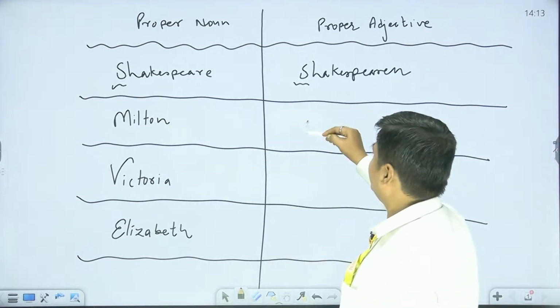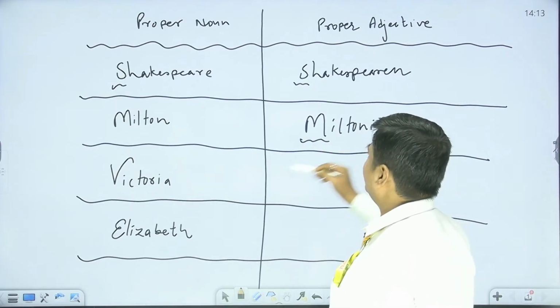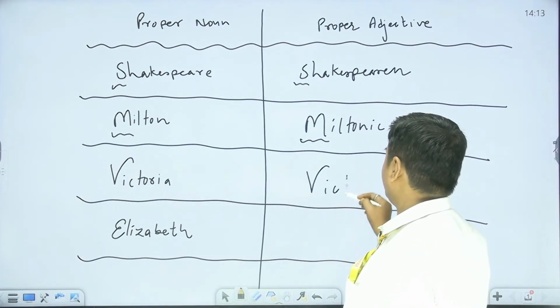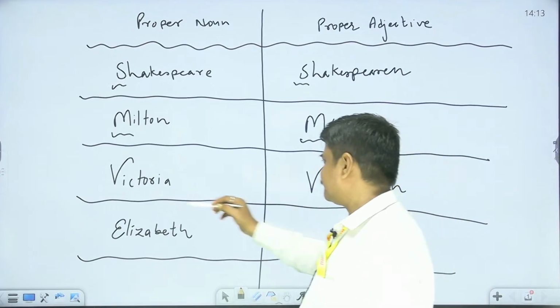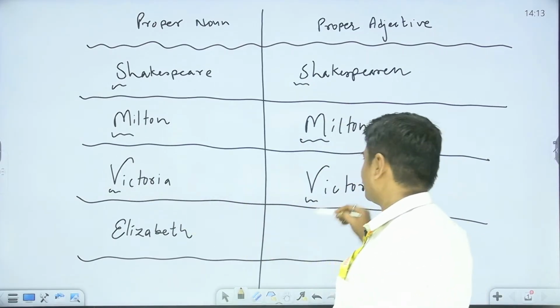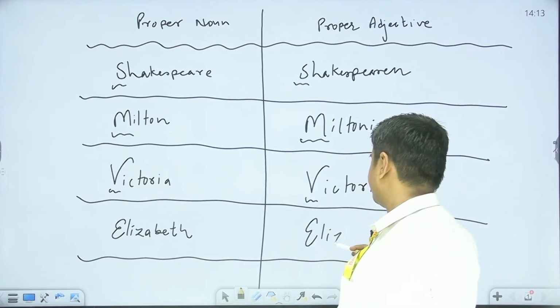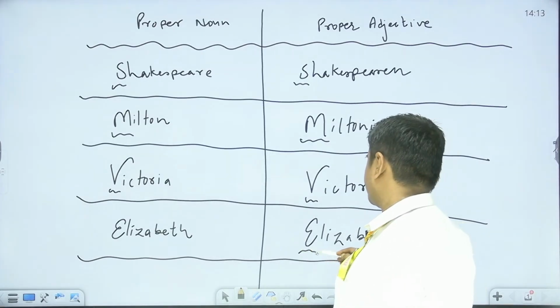From Milton, Miltonic. From Victoria, we get Victorian. And from Elizabeth, we get Elizabethan.